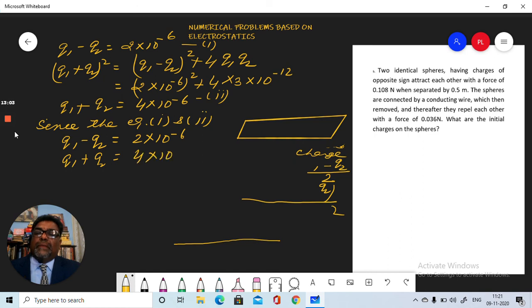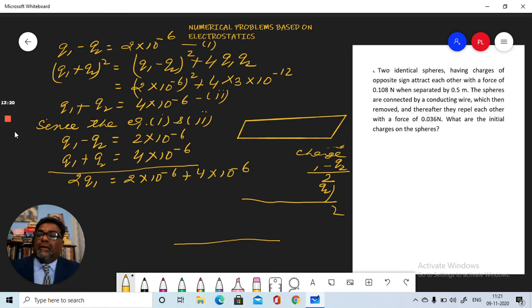Now add these two equations, you will get 2 Q1 is equal to 2 into 10 raised to the power minus 6 plus 4 into 10 raised to the power minus 6. Therefore, Q1 is equal to, 2 is common, you get 10 raised to the power minus 6 plus 2 into 10 raised to the power minus 6 upon 2.